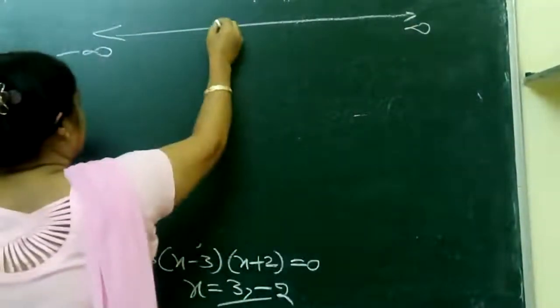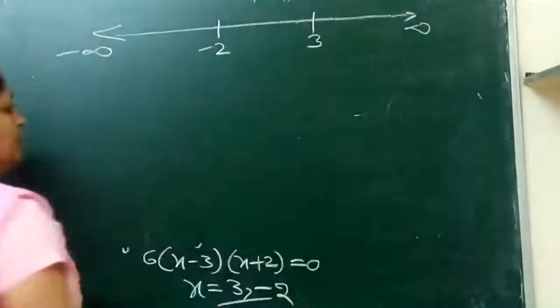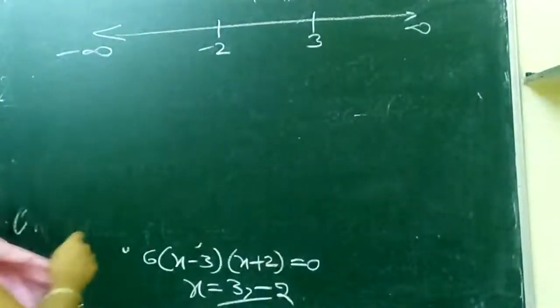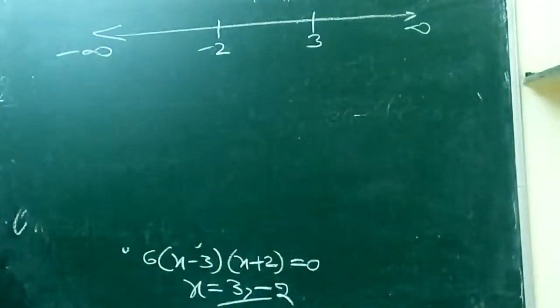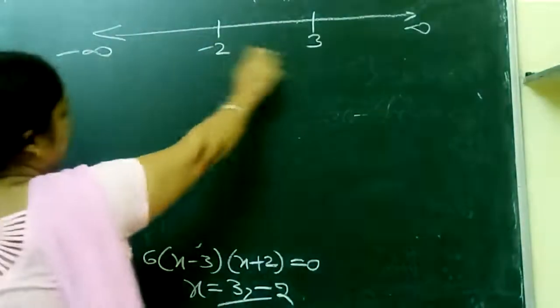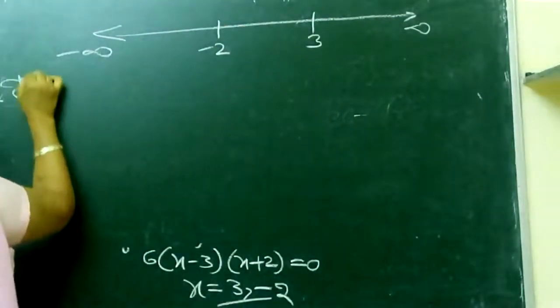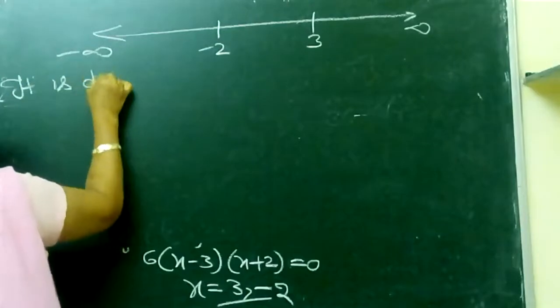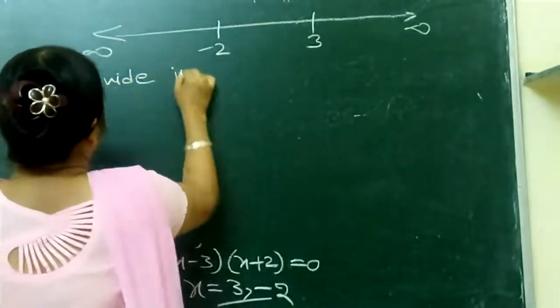First is 3, minus 2 and 3. So we will check here which sign will come here. Now x equal to 3 comma minus 2 has divided this line into 3 parts, first, second and third. Namely, it is divided into 3 intervals.